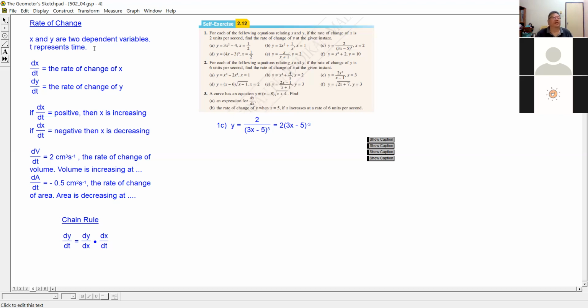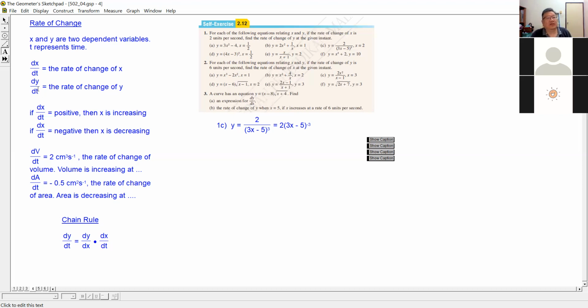Let's say x is a quantity, a variable, and this x is changing with time. dx/dt means the rate of change of x. dy/dt means the rate of change of y. So whenever you see d/dt, it is that quantity that is changing with time. The dt is not necessarily given.